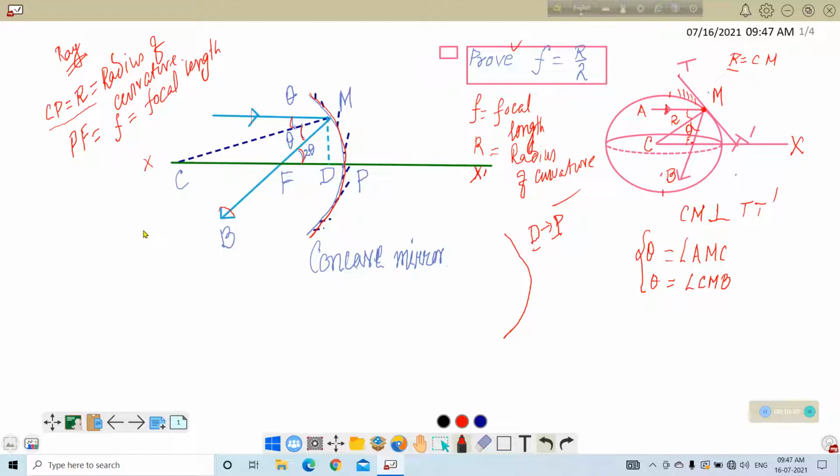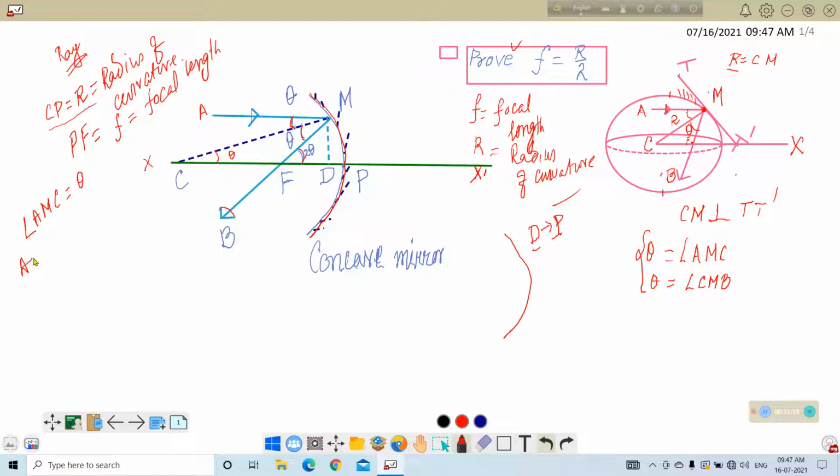Look here, tan theta. If this angle is theta, then we can say this angle is also theta. Okay. So we are writing here, suppose this is point A. So angle AMC is equal to theta.